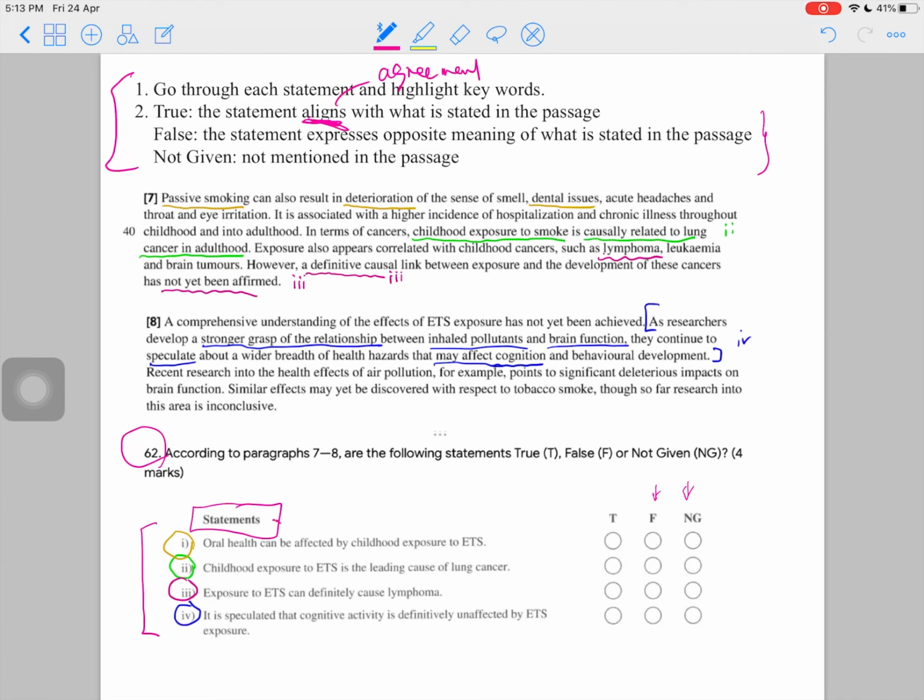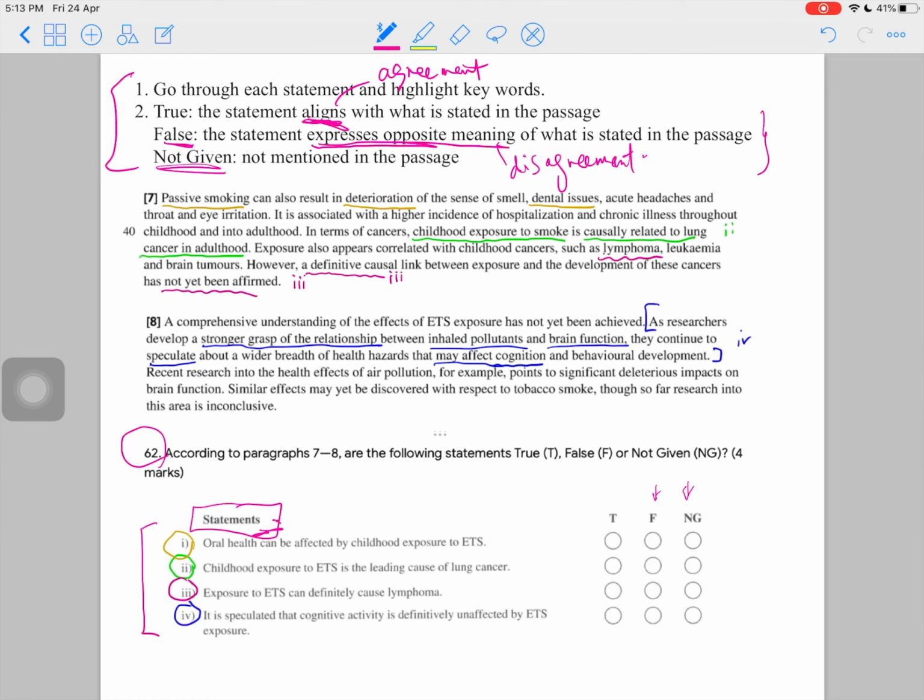If it's false, this is very important, it expresses the opposite meaning. It's not that it's not mentioned, but it actually tells you something opposite. So the statement would disagree. There's disagreement, and you can see that later on when we do the question.